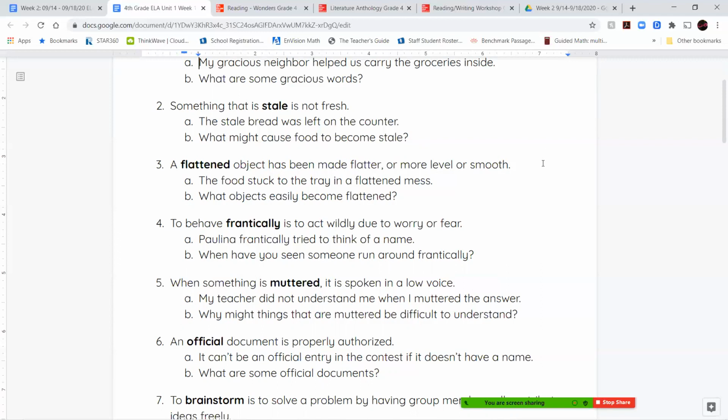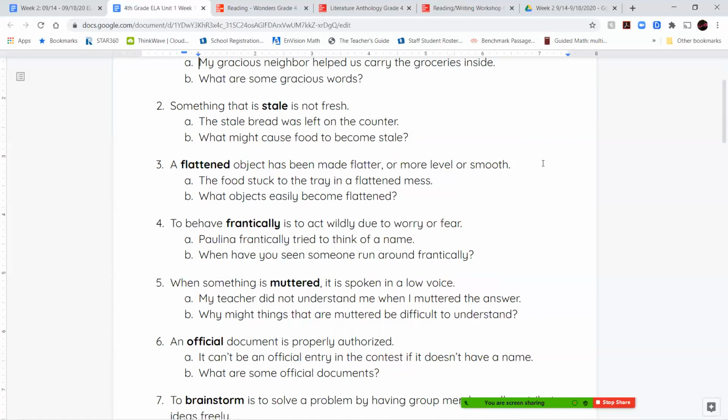When we're talking about the princess and the pizza, right? After she put together the dough and the sauce and she put the cheese on top, everything kind of melted down and flattened into one large, flat, round shape. What objects easily become flattened? Think about Play-Doh, right? You can take Play-Doh and squish it down and make it flat.